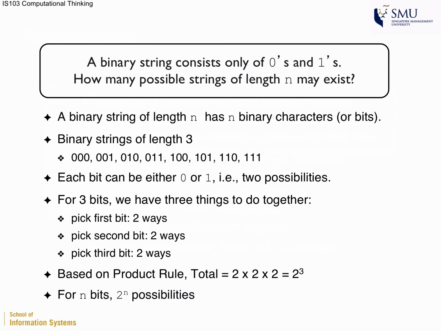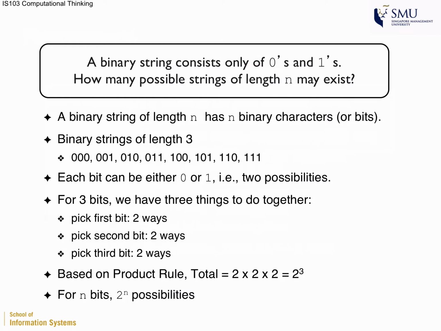And for the third digit, we can again have a 0 or a 1. So 2 by 2 by 2 is 2 to the power of 3, which is equal to 8 possibilities. So for n bits or binary digits, we have 2 to the power n possibilities. Now, this is the product rule, and in the case of product rule, we multiply them because we actually want to do all the things that we have choices for.